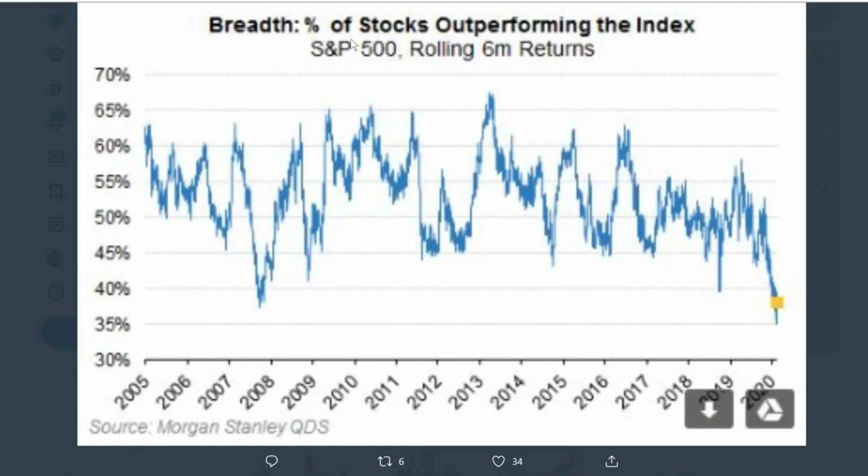This is the proportion of stocks outperforming the index, on a rolling 6-month return window, against the S&P 500. If we look at where it's at there, call it 38%, let's just round it up to 40%. So on this indicator, 40% of the stocks that make up the S&P 500 outperformed the actual headline index.